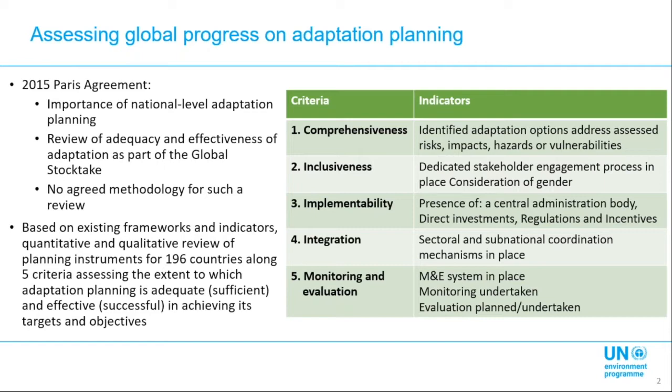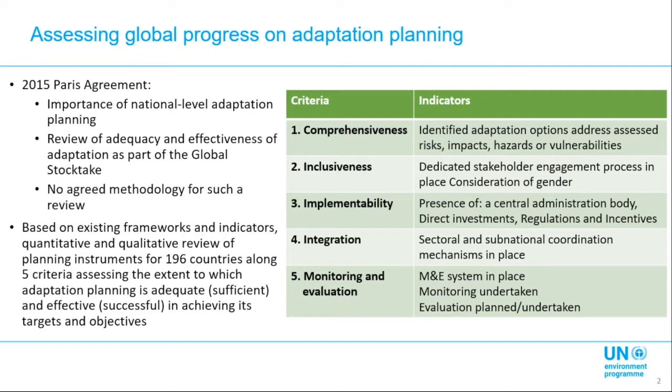In order to provide some assessment on where we are in adaptation planning, we looked at existing framework and indicators to allow for a quantitative and qualitative review of planning instruments for 196 countries along 5 criteria.